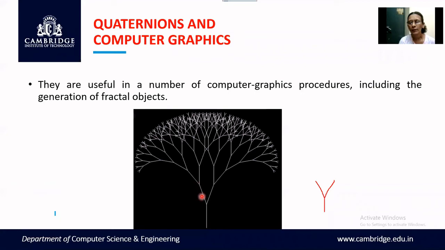Now you draw a smaller version of this at the 2 split ends. Now you get 4 split ends. At the 4 split ends, again you repeat the same drawing. You get 8 split ends. At the 8 split ends, again you draw. Just repeating the simple diagram, you have got this beautiful tree-like picture. So this is fractal geometry, and in creating such fractal geometric figures, quaternions are very useful.